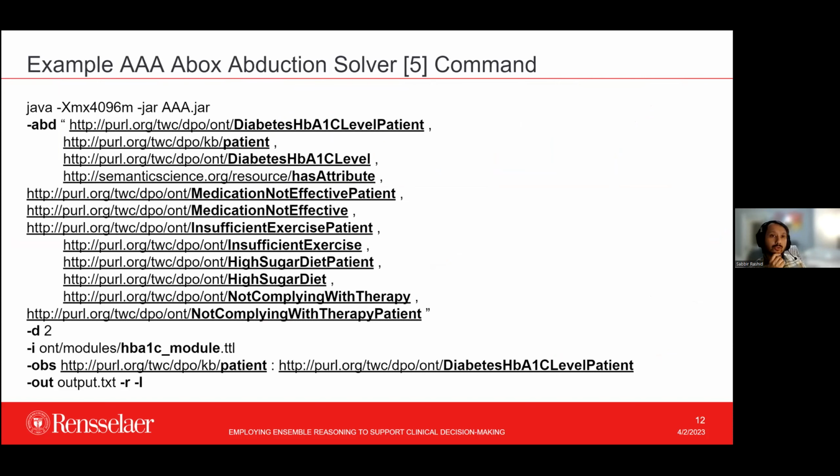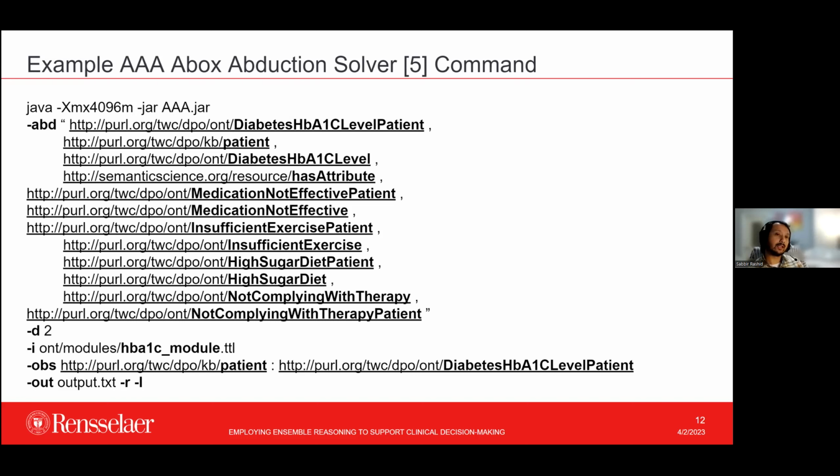So in order to do abduction, we used an existing abductive reasoner, which we integrated as a reasoning agent into our clinical decision support system, which was built off of WISE. So this is just a command to the abductive reasoner, which we passed as input to our reasoning agent.